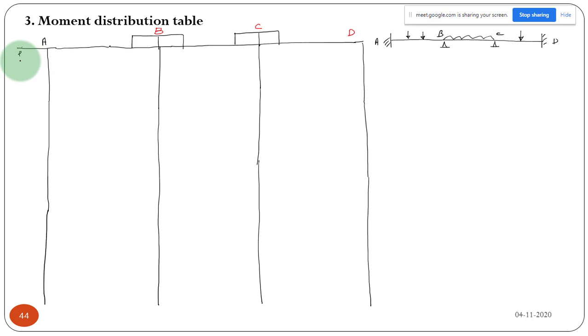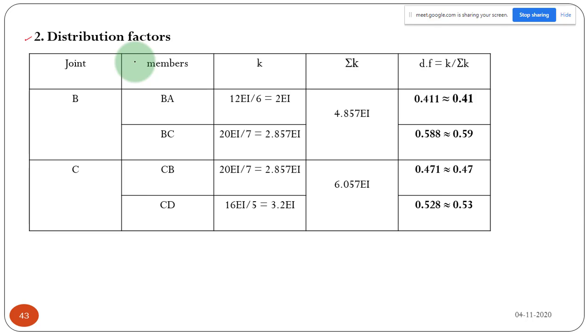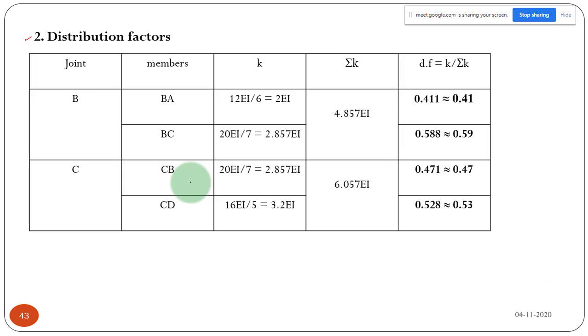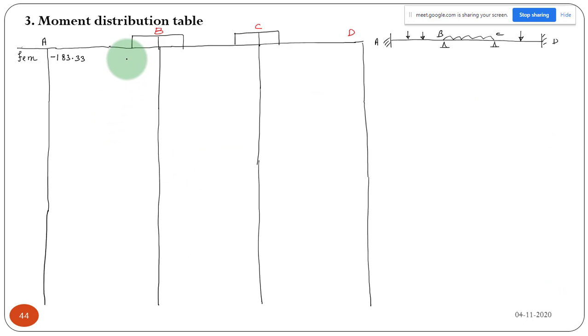First you will write the FEM values. I write FEM AB minus 183.33. What was the value? FEM BA minus 116.67.